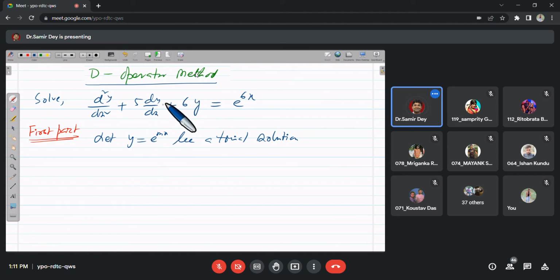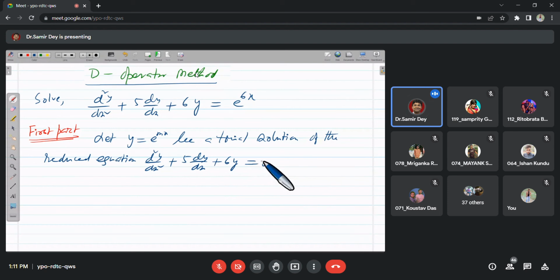Not only this question, whatever left hand side part you have, always consider y equals e to the power mx as the trial solution of the reduced equation: d square y by dx square plus 5 dy by dx plus 6y equals 0.